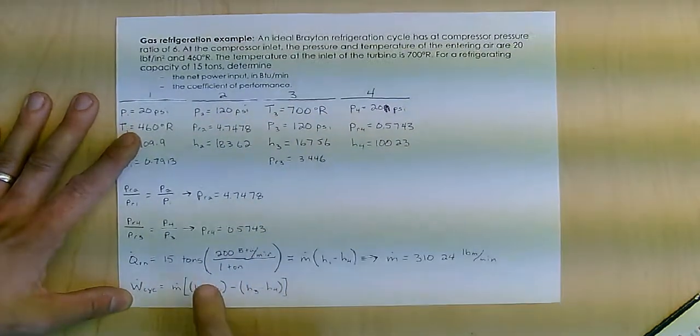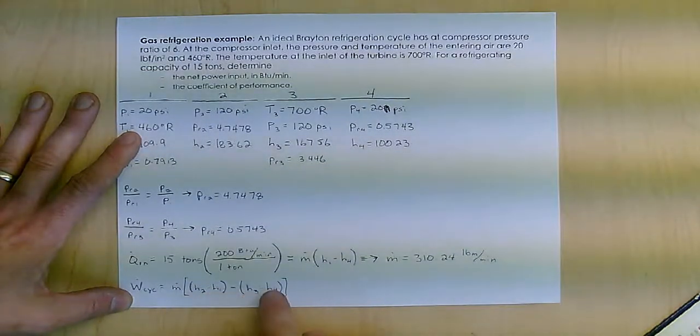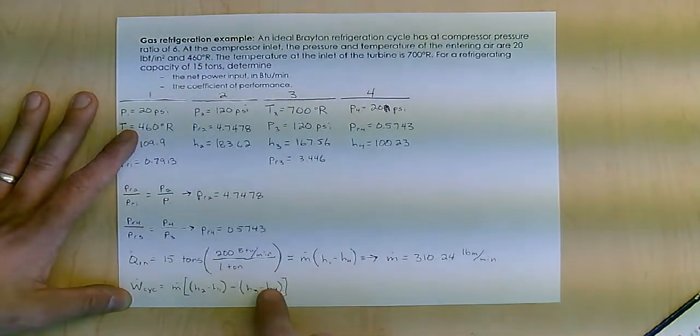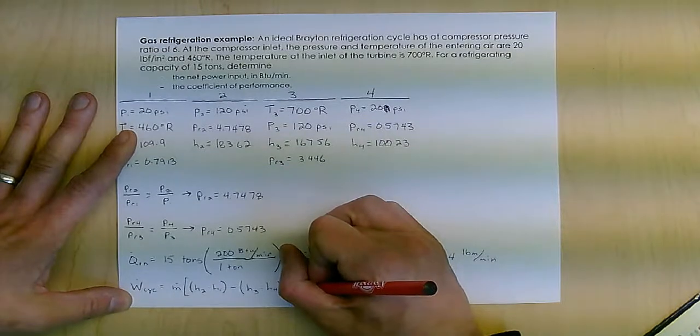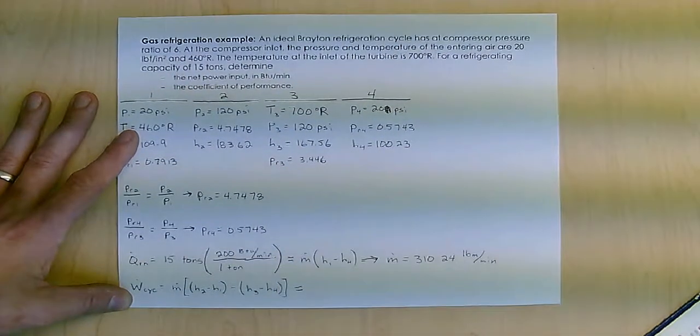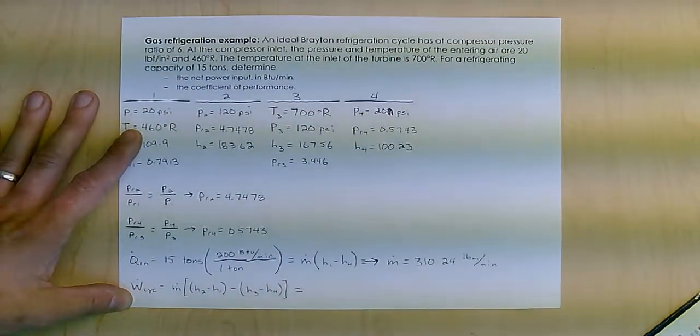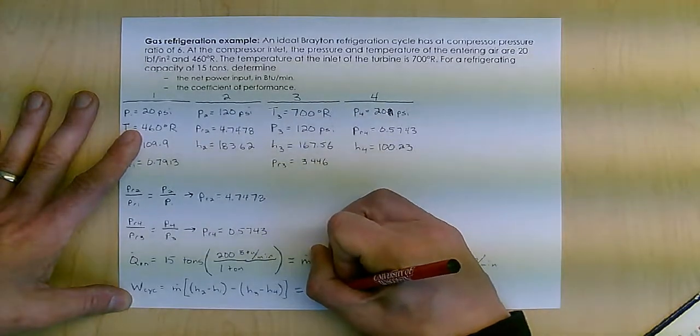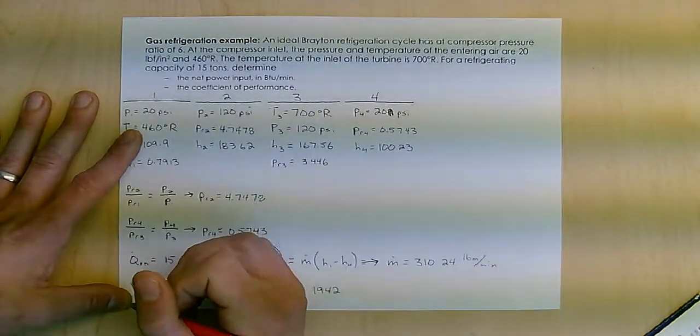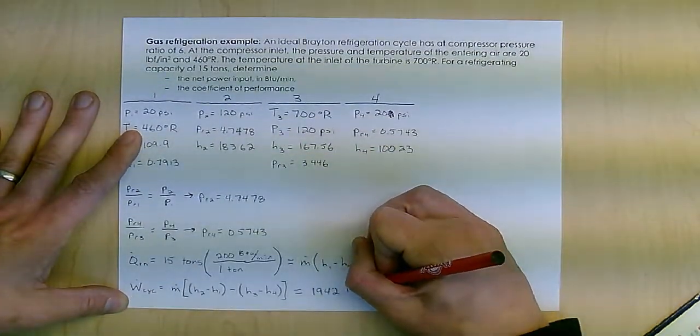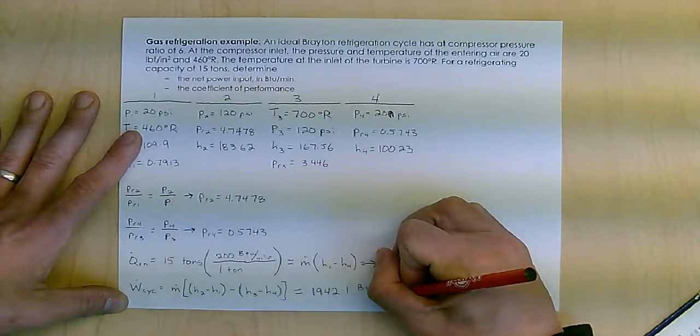So this is the input to the compressor minus any work that the turbine creates that'll help run it, which means the total work of the cycle, the total power input, is 1942.1 BTUs per minute.